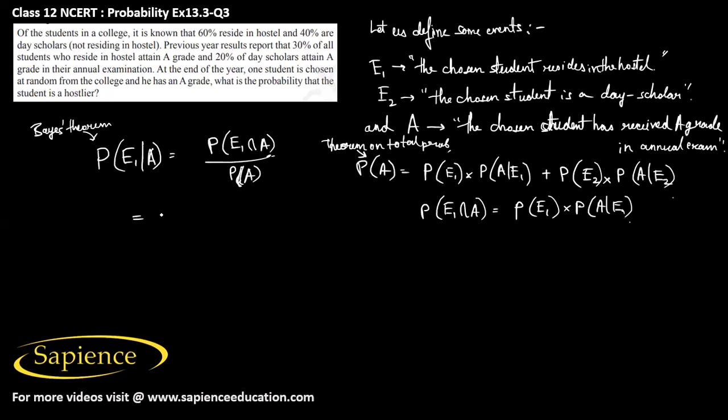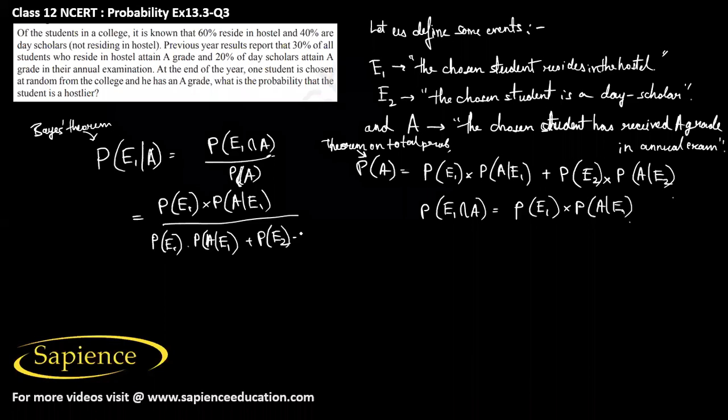So therefore, this will be P of E1 times the probability of A given E1, divided by the probability of E1 times the probability of A given E1 plus the probability of E2 times the probability of A given E2.